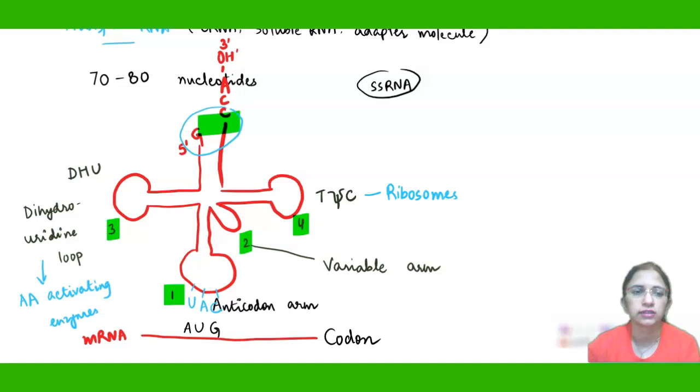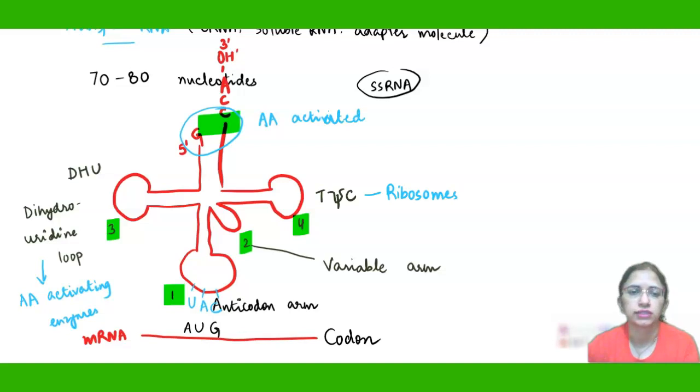This is the one process where the amino acids will be activated. So opposite to the anticodon loop, amino acids are activated, right?